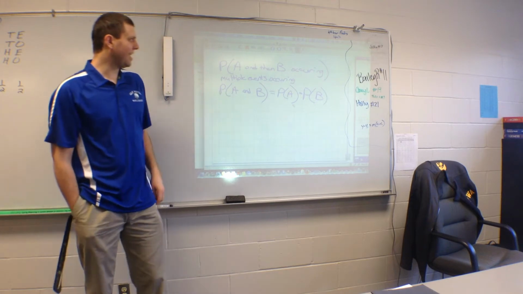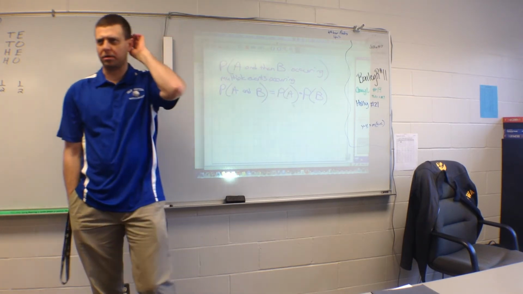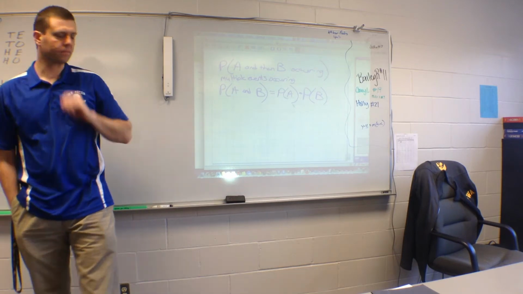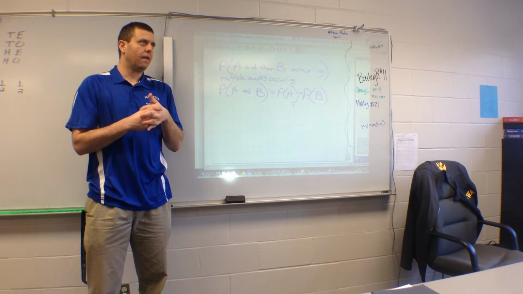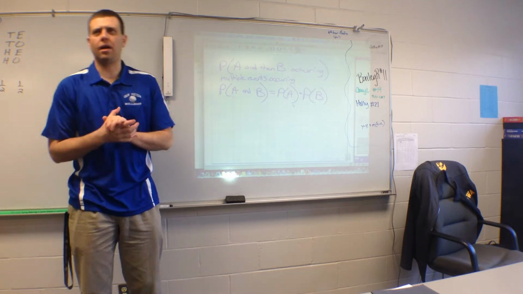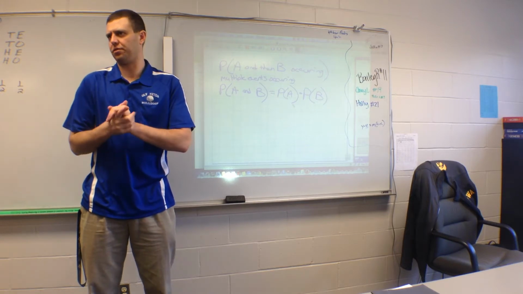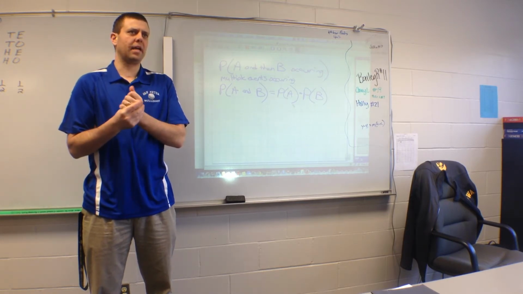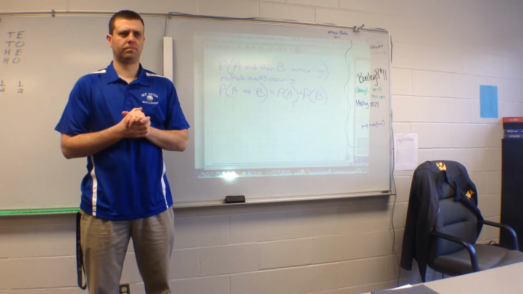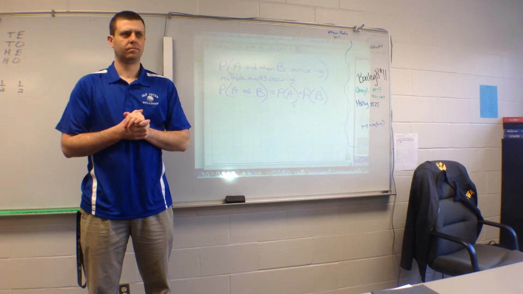So the probability of A happening and then B happening, you got to multiply those probabilities together. If I'm an 80% free throw shooter, what is the probability that I make 2 free throws in a row? 40%.